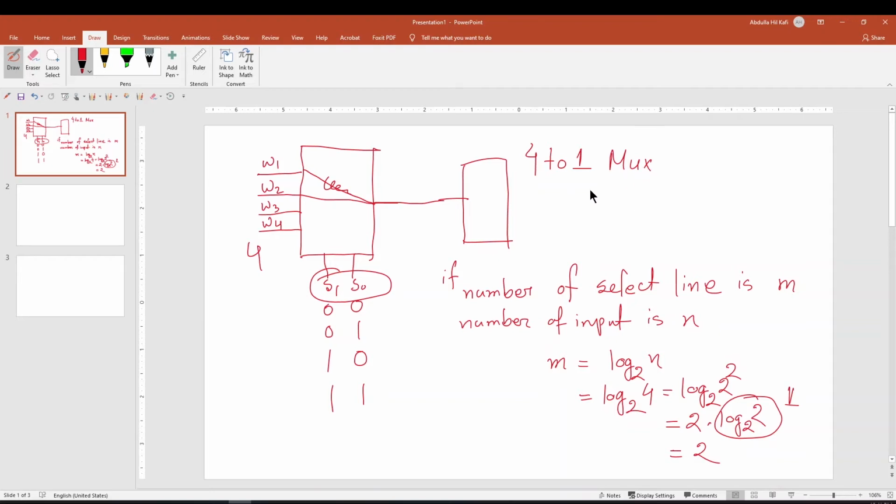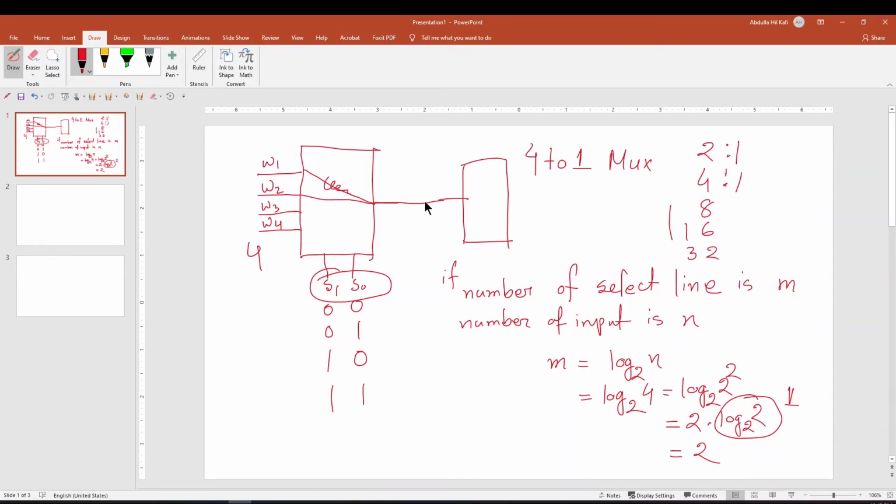As for the types of MUX, you have 2 to 1, then 4 to 1, 8 to 1, 16 to 1, 32 to 1, like this. These are the most commonly used multiplexers, and an advantage is that they can reduce the gates.